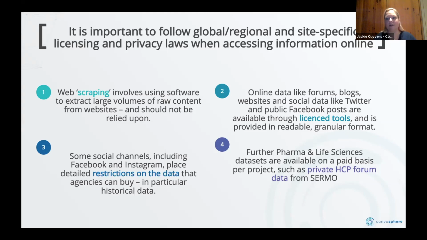In particular, we often use Sermo forum data on our projects, which is an HCP peer-to-peer forum. There are lots of different data sets out there that, while they may not be readily available in a social listening tool, you may be able to use on a per project license basis.